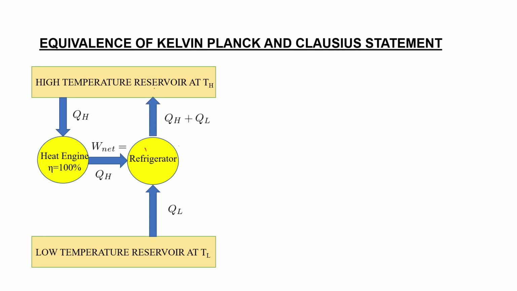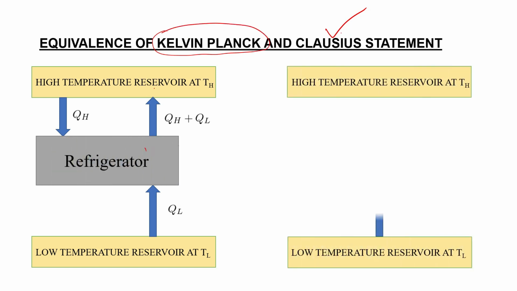We have seen that if you combine these two devices, it will violate Clausius statement. So any device which violates Kelvin-Planck statement violates Clausius statement also. This is how you establish the equivalence of Kelvin-Planck statement and Clausius statement.